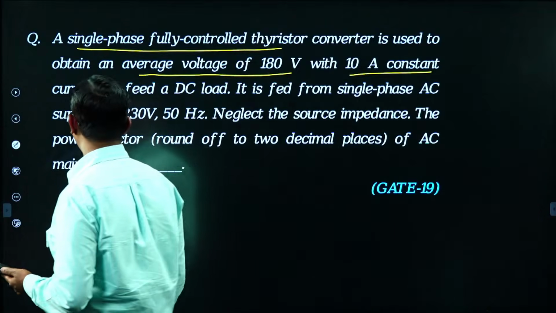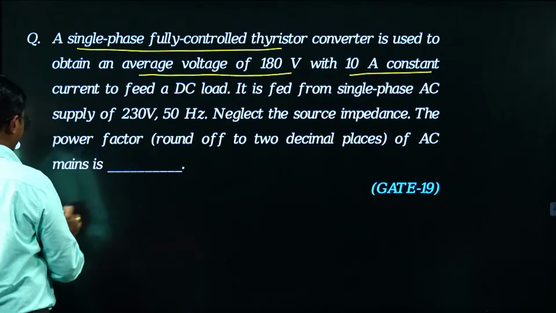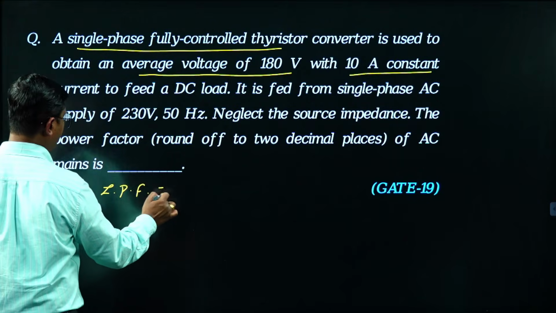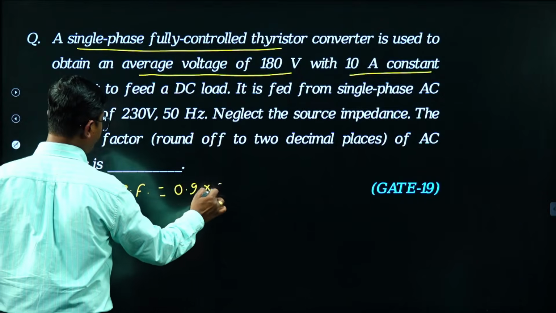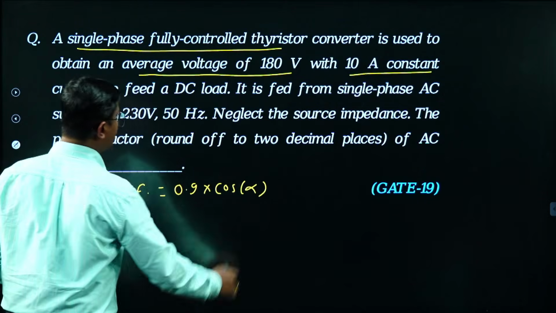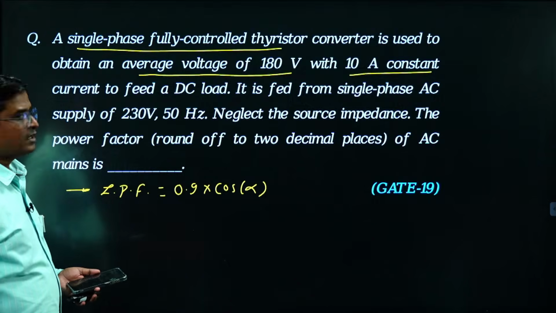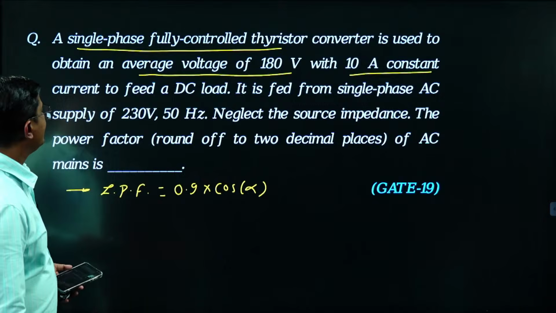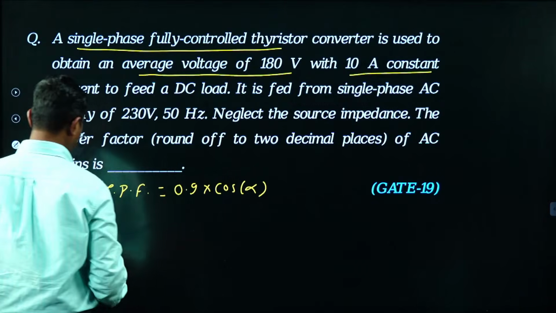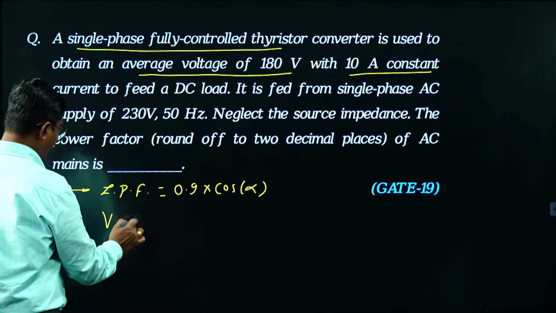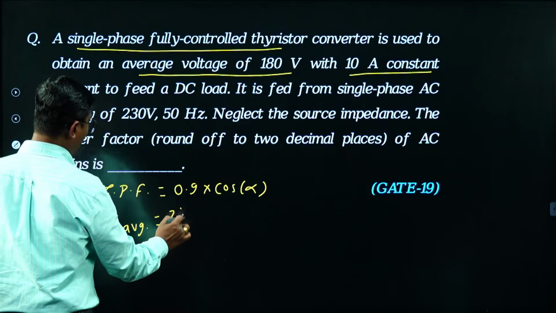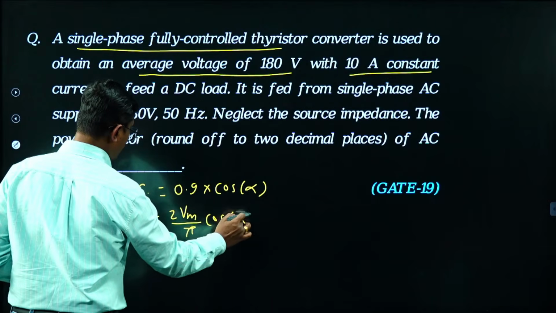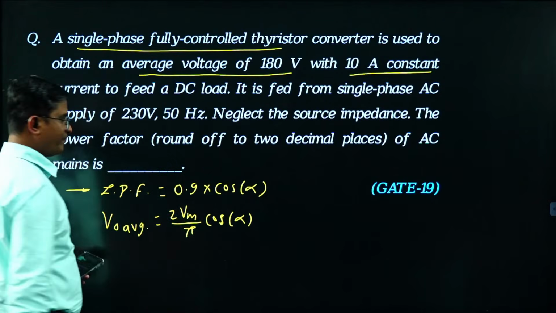Single phase full converter with highly inductive load, what is the input power factor? Input power factor equals 0.9 into cos alpha, na. Now here first we need to find alpha. For finding alpha, they have given V0 average. V0 average is equal to 2 Vm by pi into cos alpha, right?